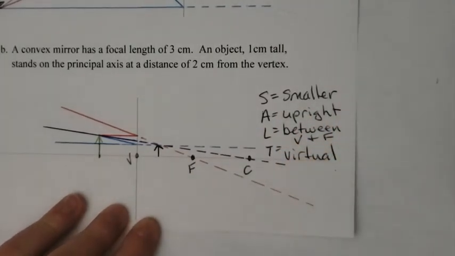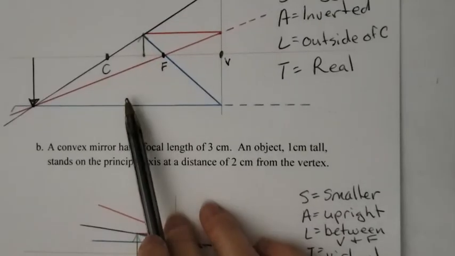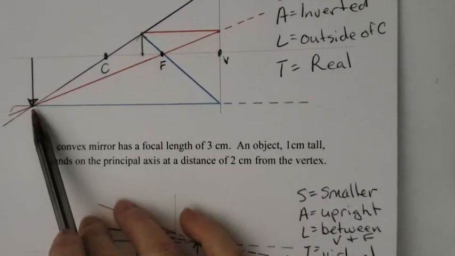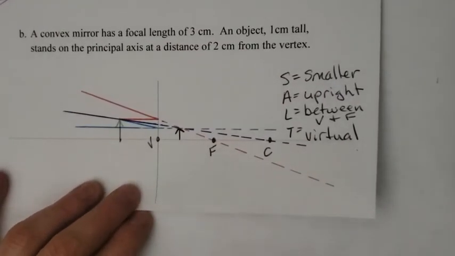And I know some of you are having trouble with the difference between real and virtual. In a plane mirror, it's always a virtual image because the beams just go straight, they go parallel and then straight back. In these curved ones, you have to look at your drawing. When it's the solid lines crossing, well, then it's real. When it's the dotted lines crossing, then it's virtual. And you're done.